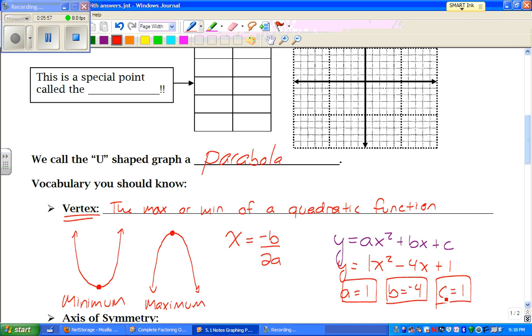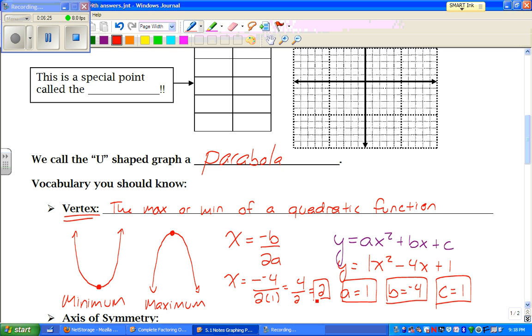When I put that into the vertex formula, I get x equals a negative sign, and then my b value is negative 4. When you do that, it becomes a positive 4. The denominator has a 2, and the a value is 1, so 2 times 1 is 2, and 4 divided by 2 is 2.